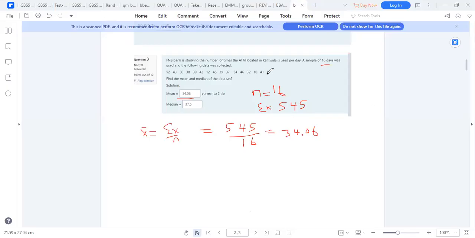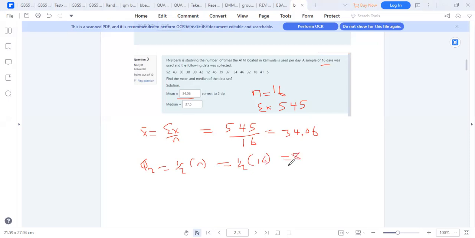So I'm trying to take you to how to approach this one here. So we have 16 numbers there. You first rearrange them in order. Once you rearrange them in order, our median, which is the second quarter, is half of n. So half of n is half of 16, meaning the 8th number.